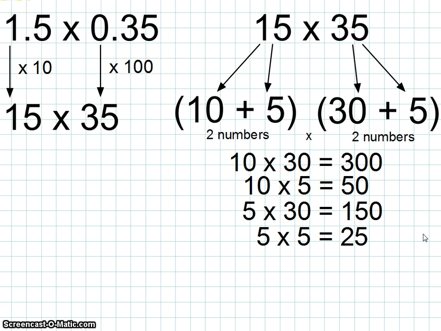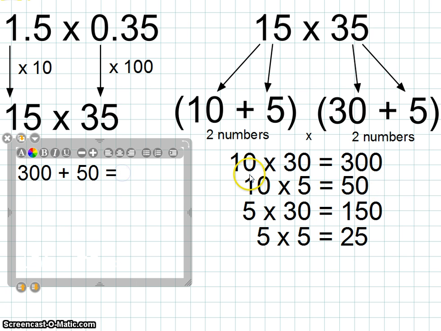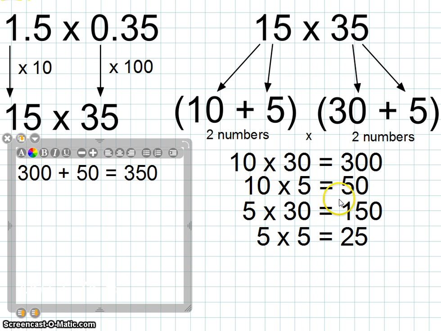Next, we are going to add these 4 products. I might use this space over here to go through that process. First, I might start by adding these two numbers. 300 plus 50 is 350. Next, I'm going to add these two numbers here.